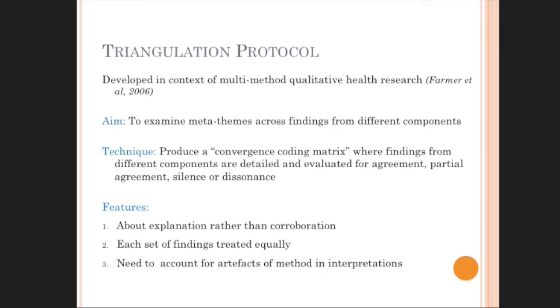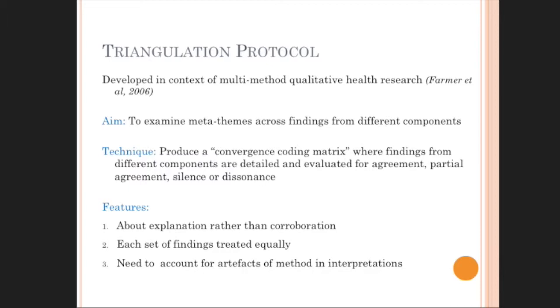You might be looking for where one method talks to a particular theme and the other one doesn't, and why that might be. You'd look at whether it's an artifact of the method itself, or whether it's just something about that theme that could only be accessed with the quantitative method rather than the qualitative, and vice versa. And then you're also looking for partial agreement and dissonance.